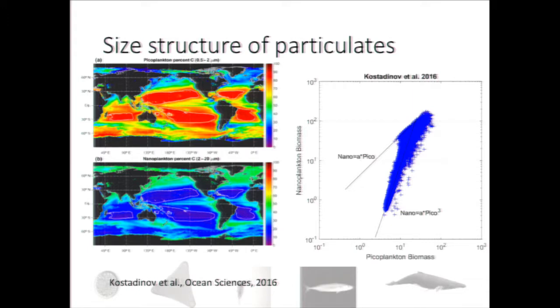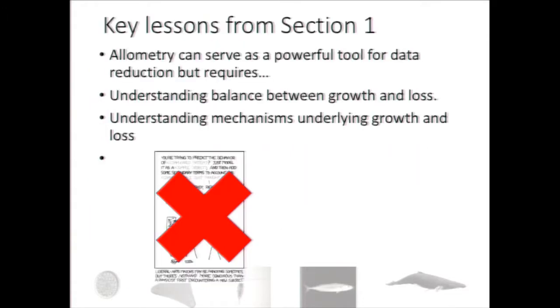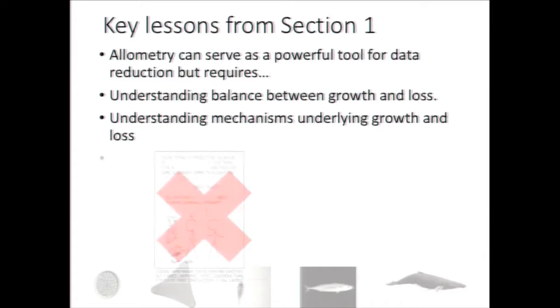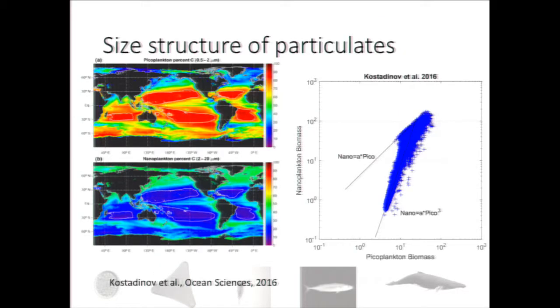This just shows an example of the estimate of the picoplankton fraction of the population versus nanoplankton fraction by Tiho Kostadinov based on work that he did with Dave Siegel for his PhD. What you see here is a plot of the percentage of picoplankton going from 0 to 100 and the percentage of nanoplankton going from 0 to 100.